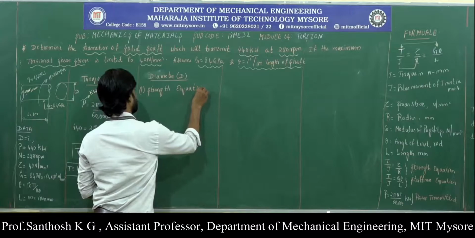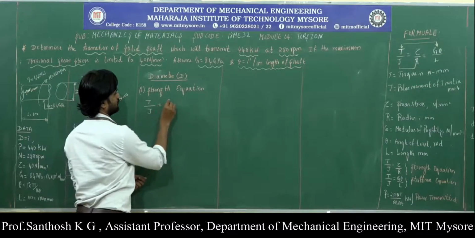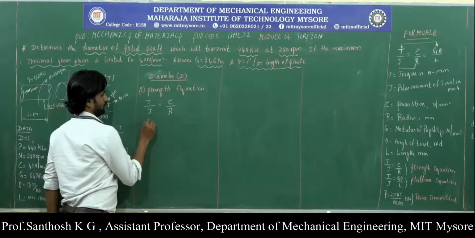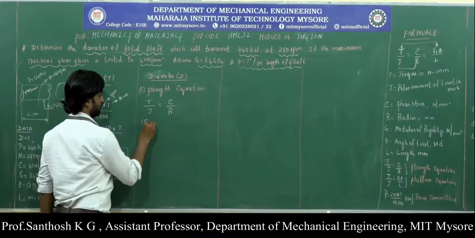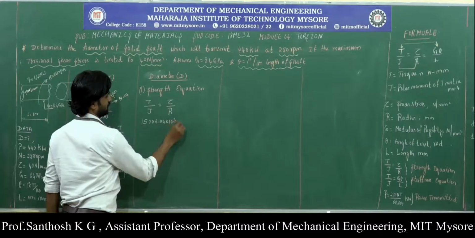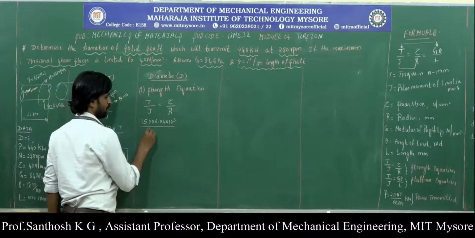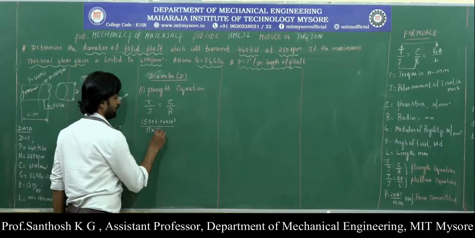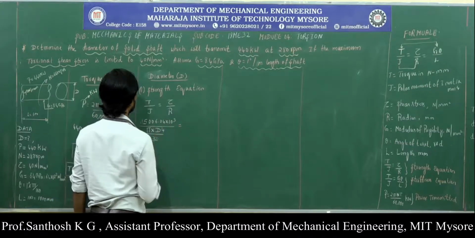The strength equation is given by T by J equals tau divided by R. The value of T we already found, it is 15,006.04 into 10 to the power of 3 divided by J. J represents polar moment of inertia and it will be equal to pi into d to the power of 4 divided by 32 equals tau.